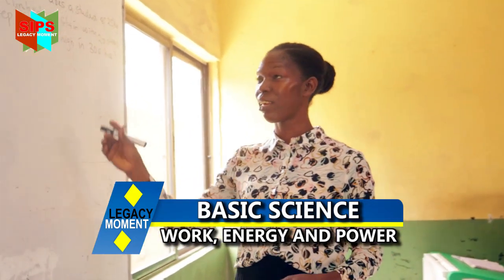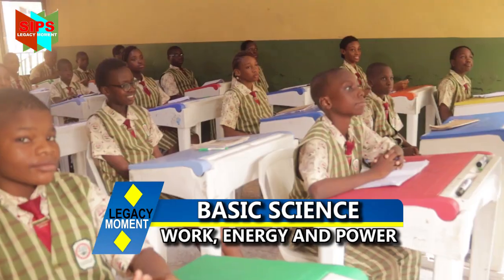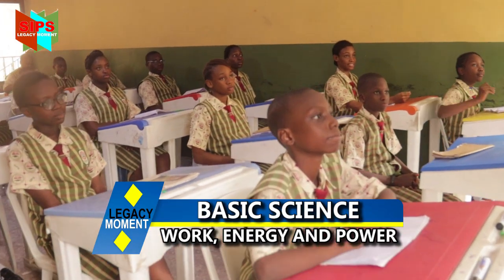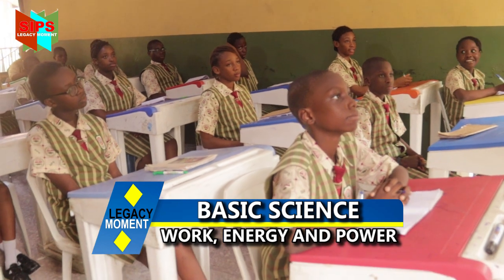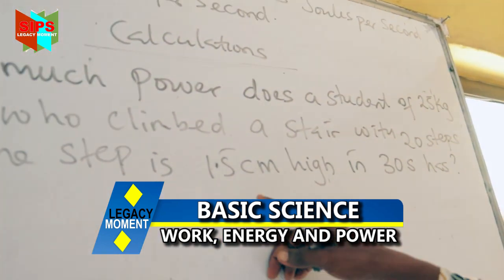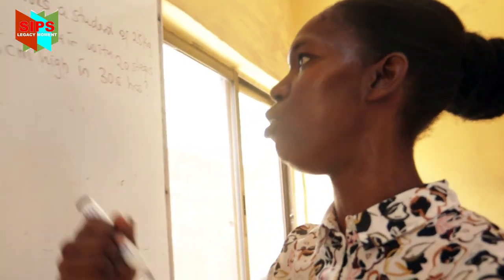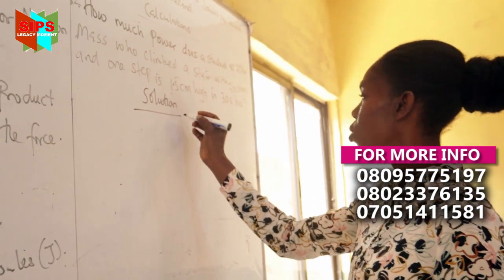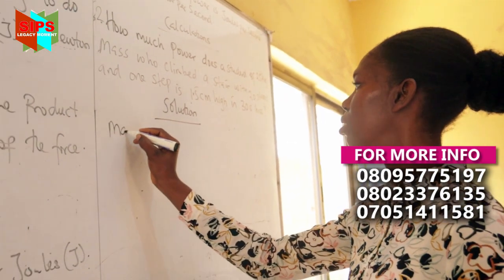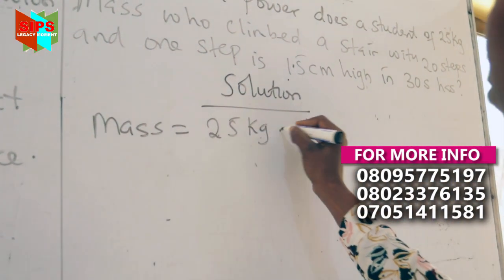Alright, quickly we'll take a second example on our topic today. How much power does a student have who climbed a stairs of 20 steps and each is 15 centimeters high in 30 seconds? Now from the question, we are given the mass of the child. The mass is 25 kg.